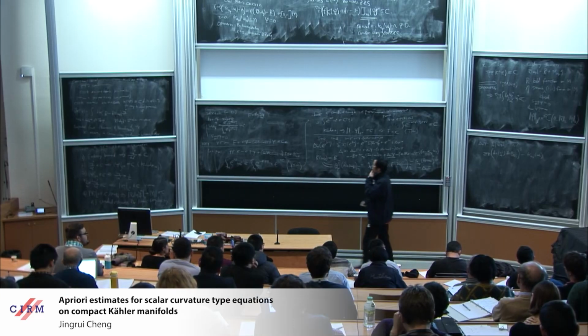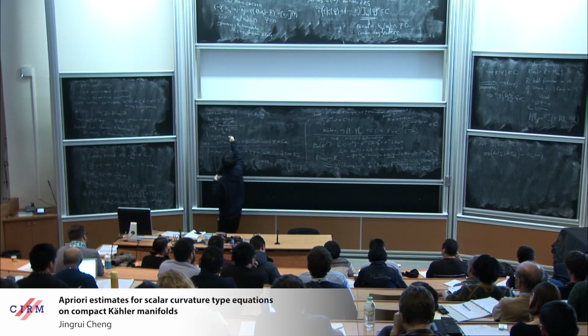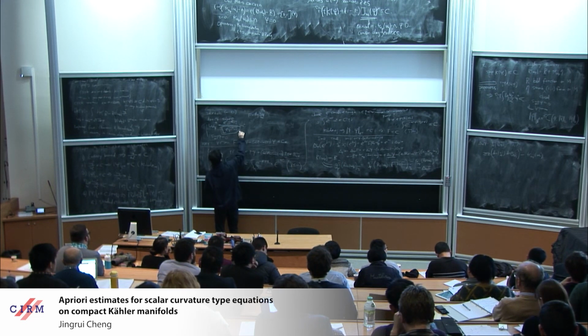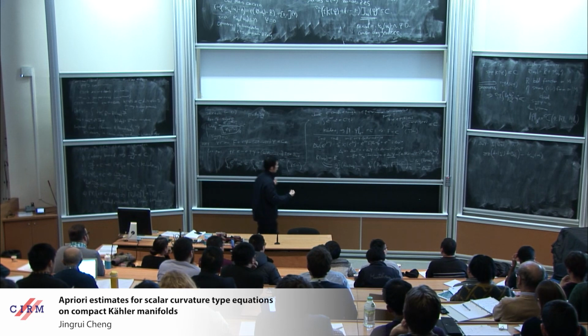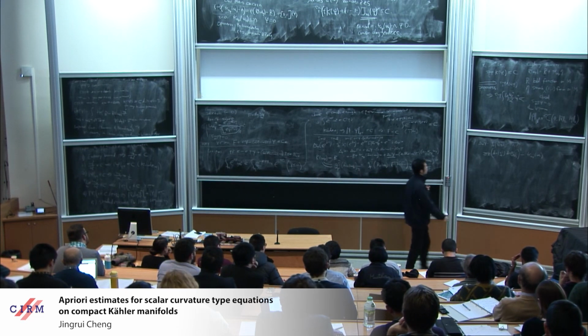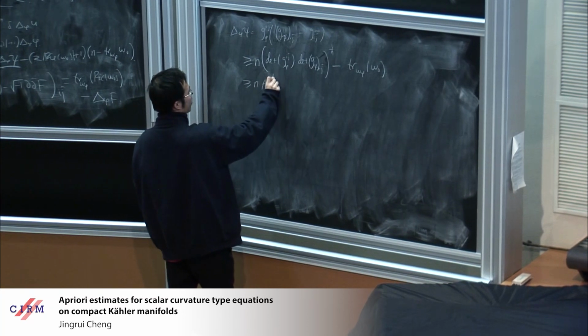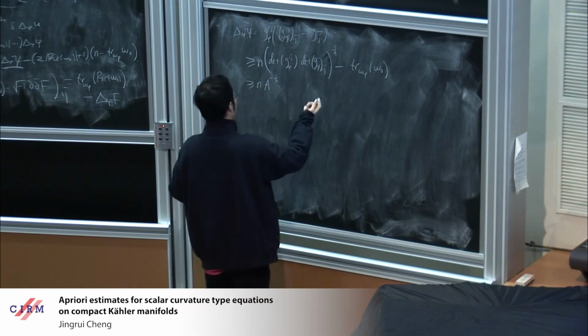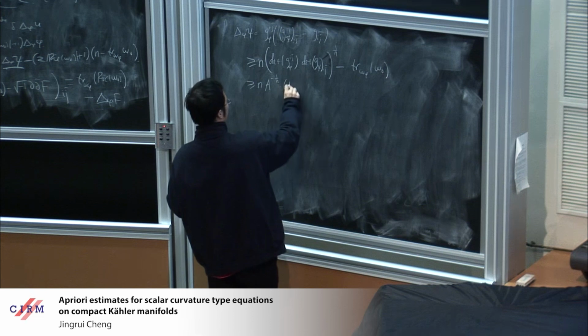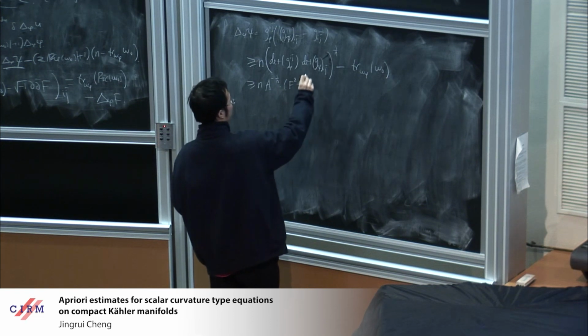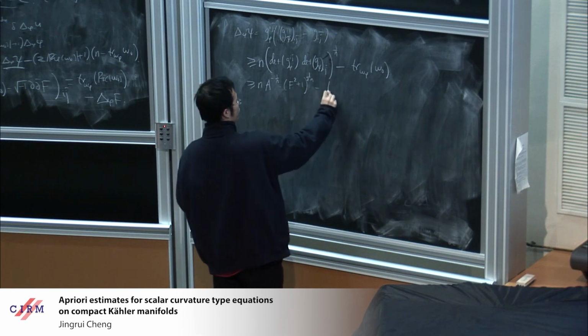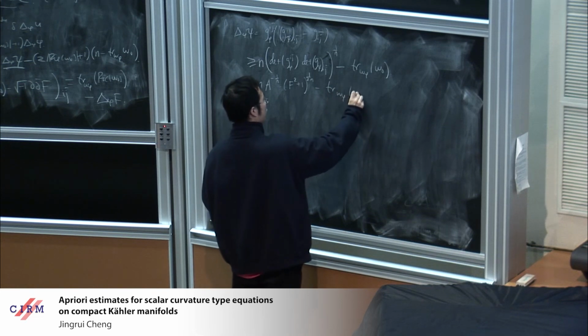And then you use the equation for psi. Let's just call this bound A, which is a constant under control because you assumed an entropy bound. So this gives n times A to the negative 1 over n, which is a constant under control. And this gives f squared plus 1 over 2n minus trace omega phi omega 0.